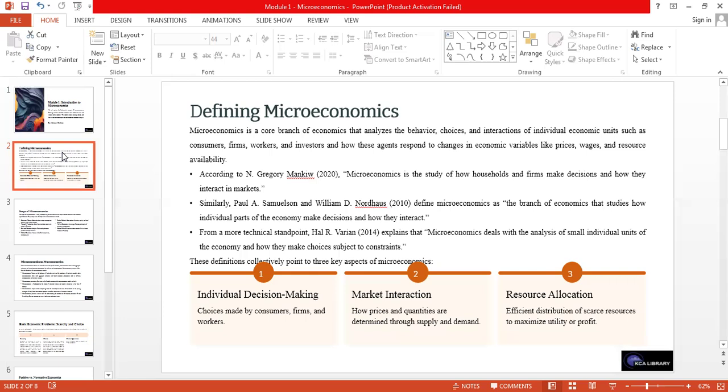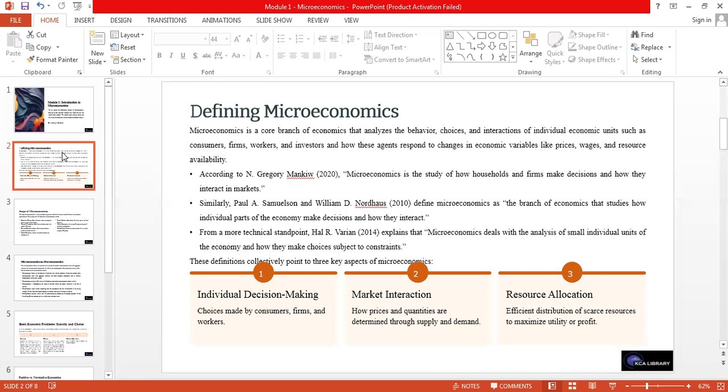And you see from this that there are things that are very common in the definitions. The first is individual decision making, that is, choices made by consumers, firms, and workers. So it is a branch of economics that deals with decision making and choices made by consumers, firms, and workers. Also, there is market interaction.